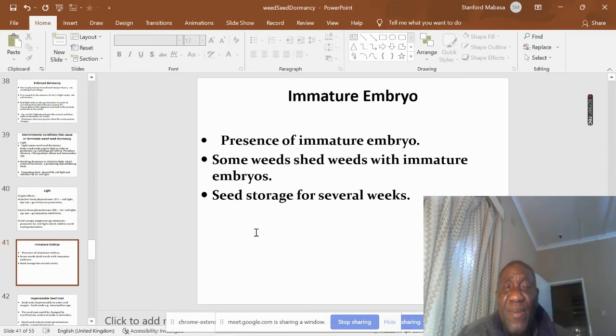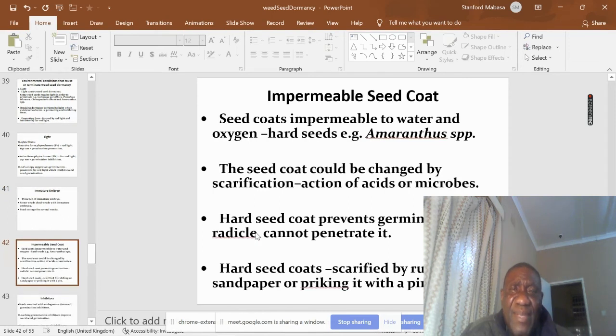Immature embryo, presence of immature embryo. Some weeds shed seeds with immature embryos. So seed storage may be required for several weeks before you can get the germination process. So we should be aware that some seeds may not germinate because of the immature embryos.